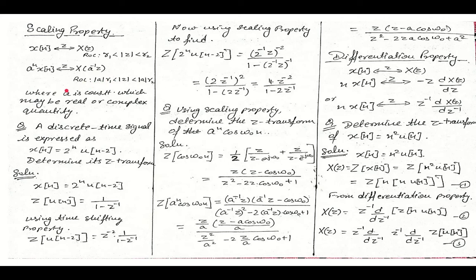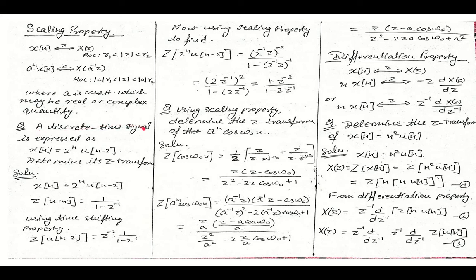Now this a in this context is a constant, which can be either a real value or a complex quantity. Now to look at this, we have an example.